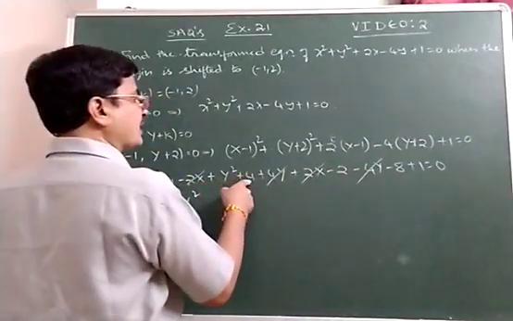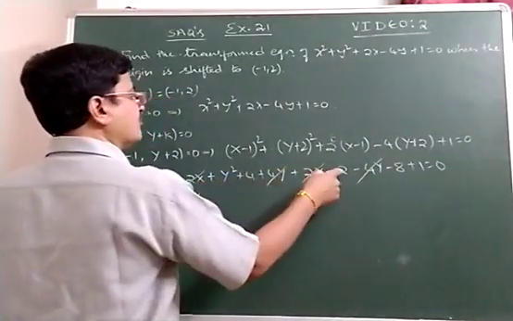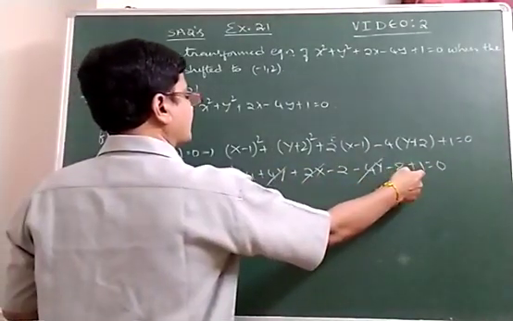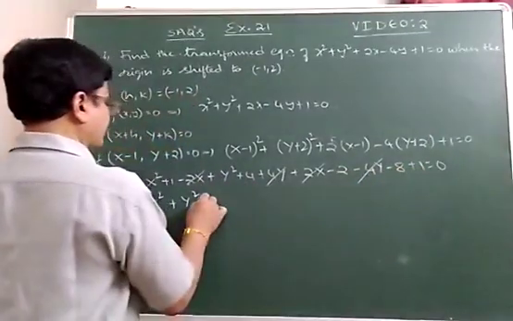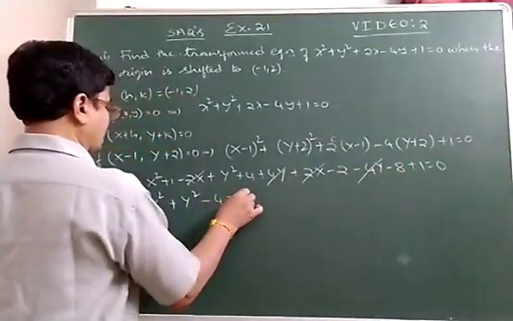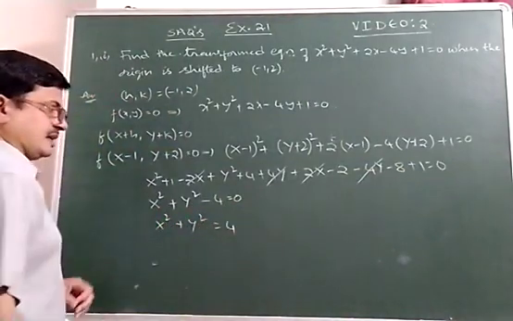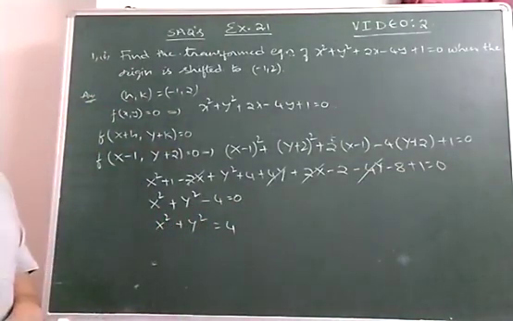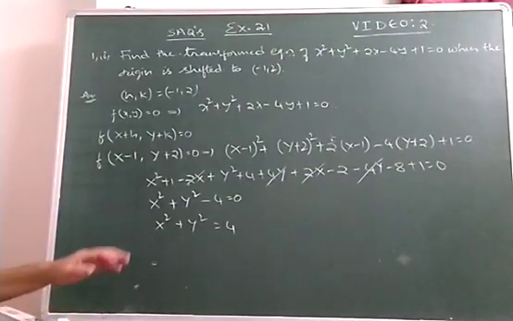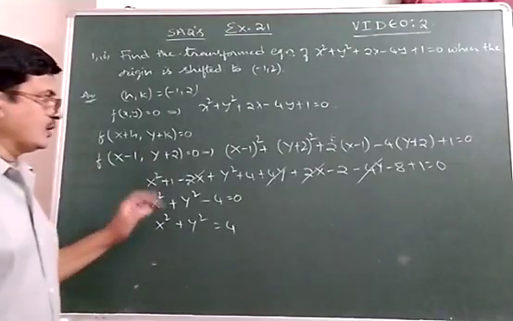Now 5 plus 1 is 6 minus 10, that means minus 4 is equal to 0. That is X square plus Y square is equal to 4. This is the transformed equation.